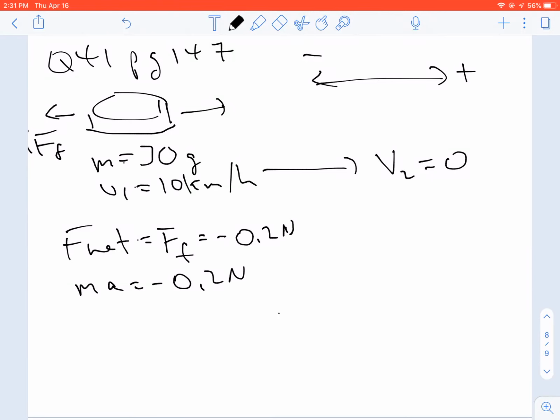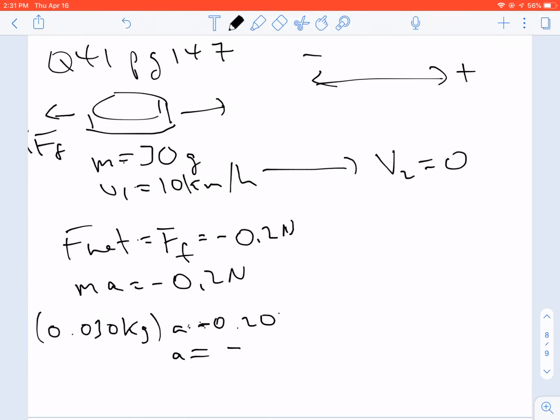So ma is equal to negative 0.2 newtons. The mass is 30 grams, which is 0.030 kilograms. Hopefully you have no trouble with that conversion. And the acceleration turns out to be negative because it was a negative force.